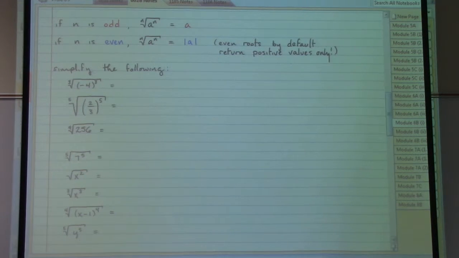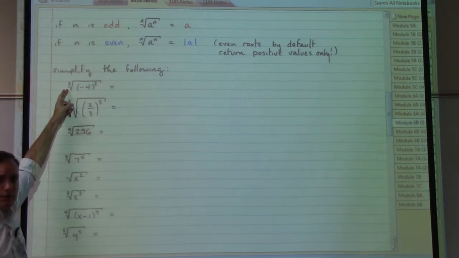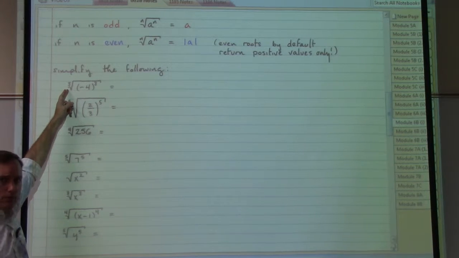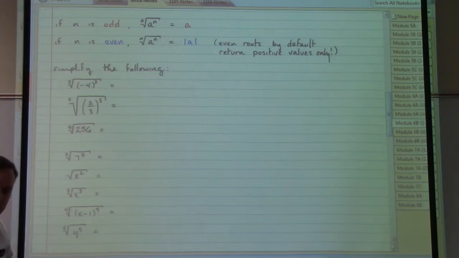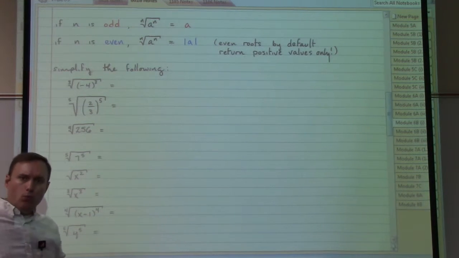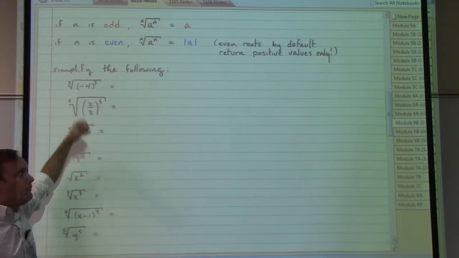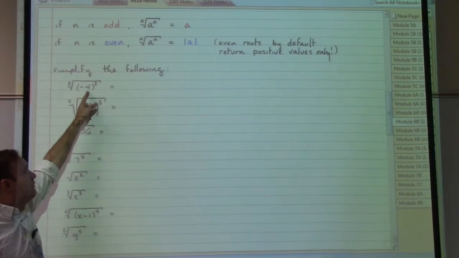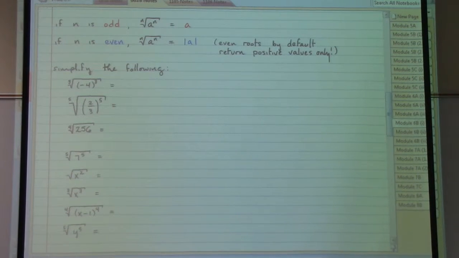Starting out with the top example here, we have a 3 sitting out on the front porch, which means that this would be referred to as the third root, or we could also say the cube root, because that power of 3 had a special nickname with cube. So the third root, or the cube root, of (-4) cubed, or to the third power.